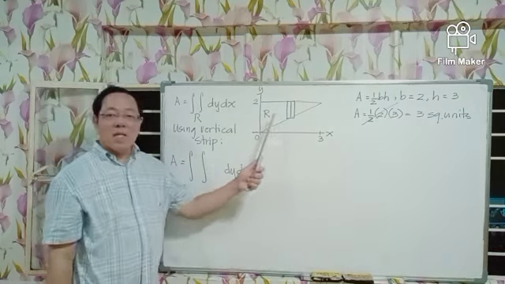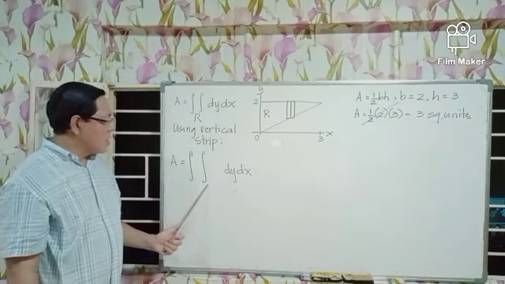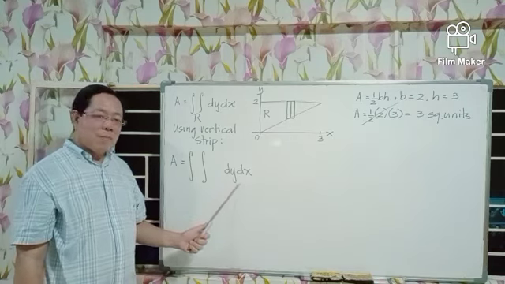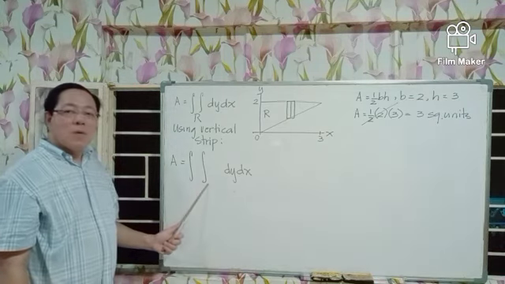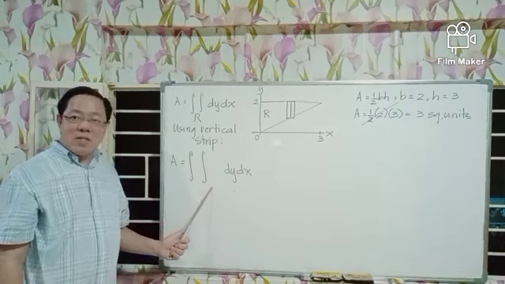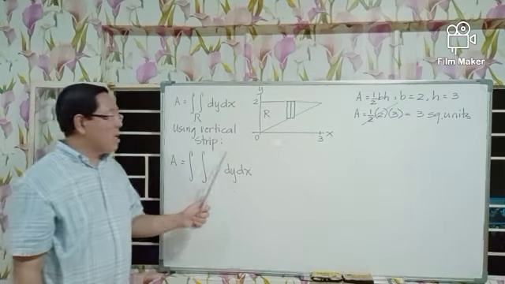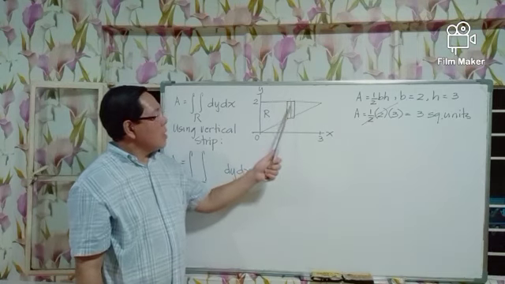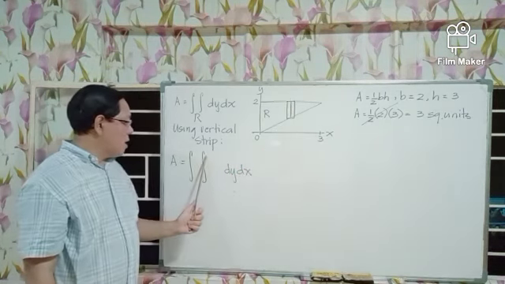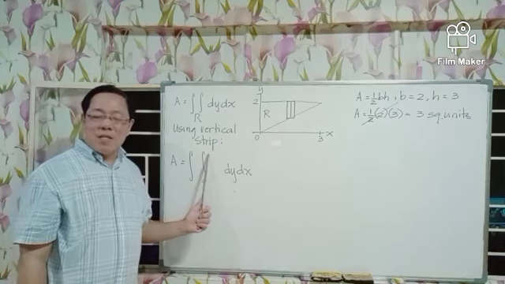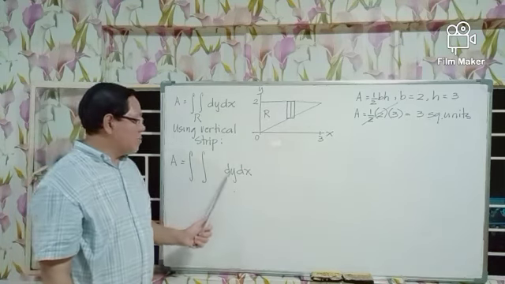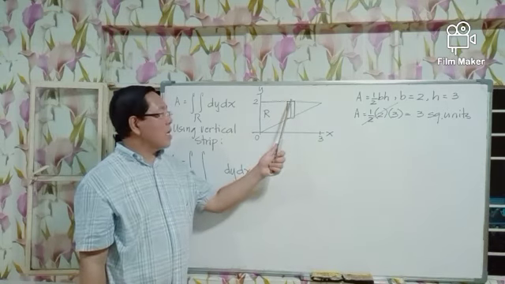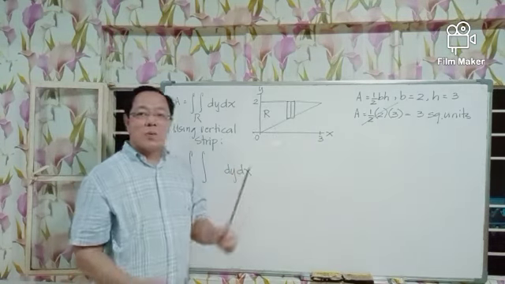And that would be the limits of the integration when we integrate with respect to y. We start with the upper limit of the integration with respect to y, which is given by the value of y at this point. And at this point, the value of y is 2.